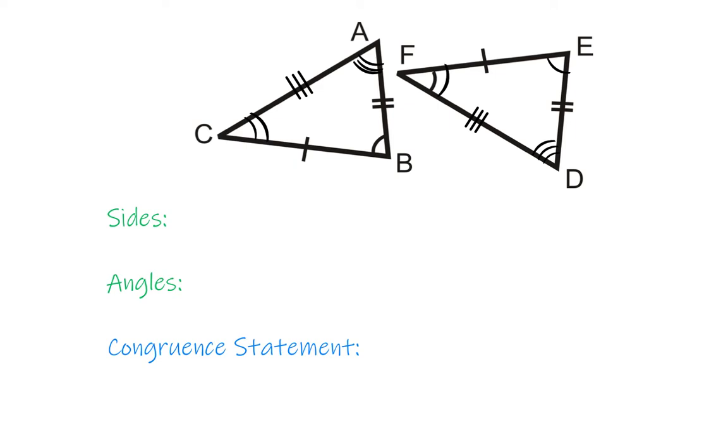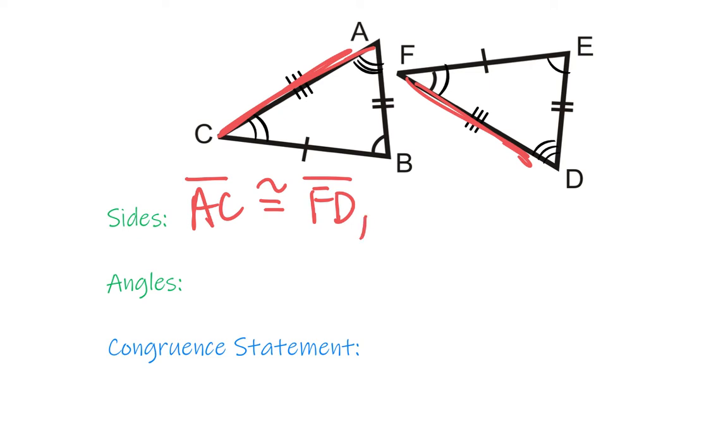So if we look at these two triangles, for the sides that match up, you just want to count the tick marks. So let's just say I start with side AC. That has 3 marks, and so does this one. So we're going to say AC is congruent to FD. That would be one set, right? And we just look for matching parts.